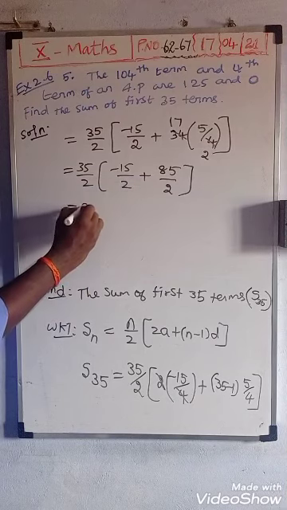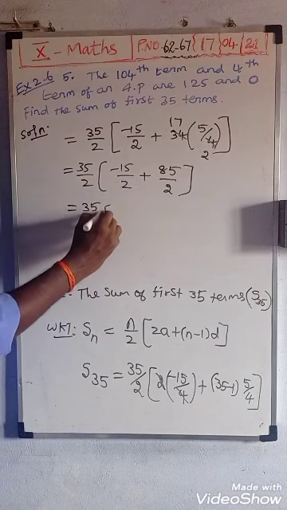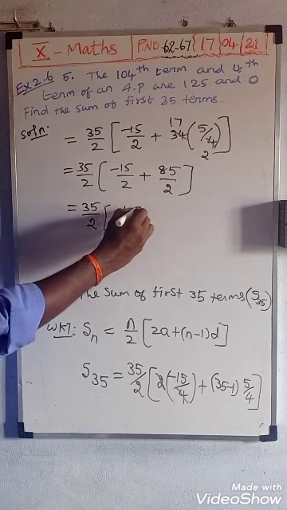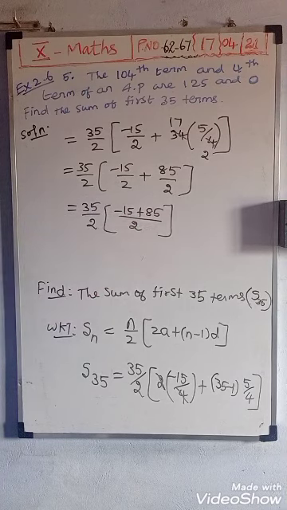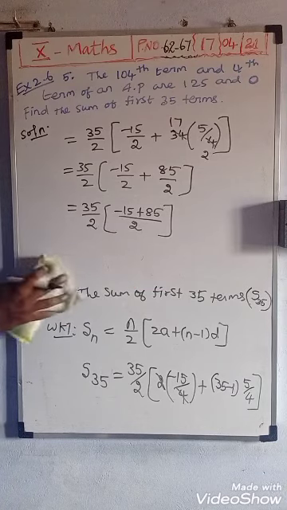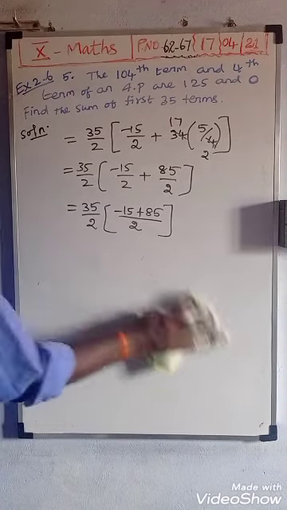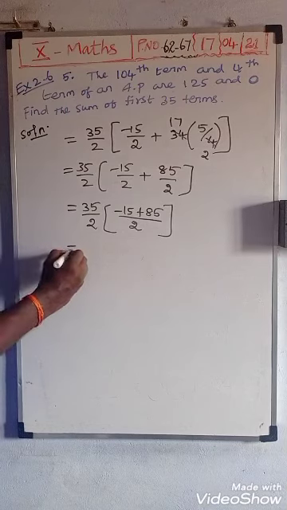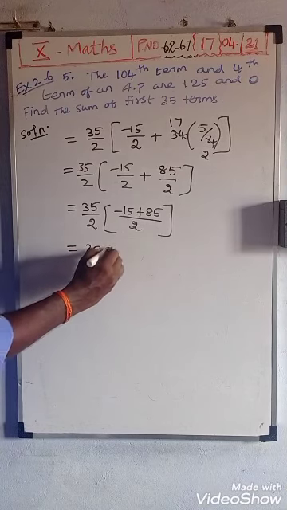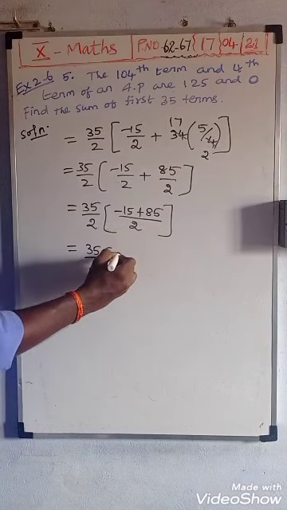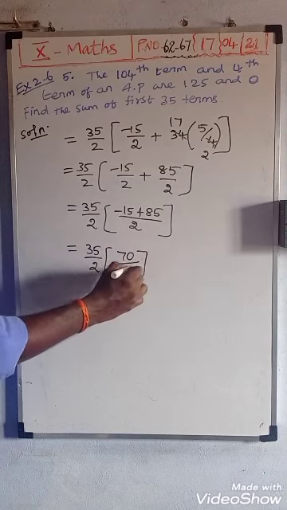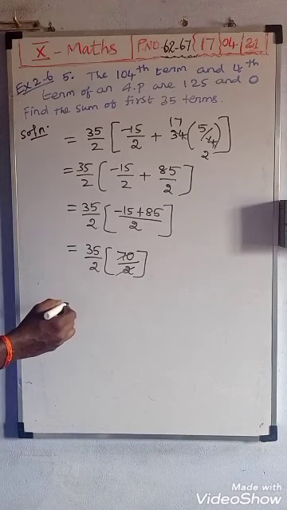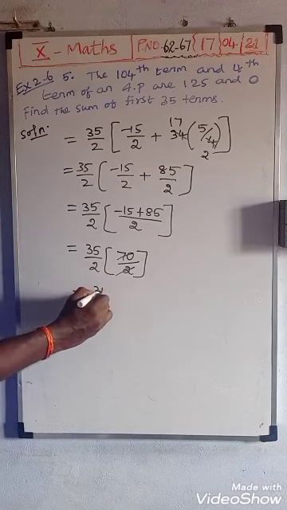Now directly minus 15 plus 85 by 2, because same denominator, the numerator we can add. 85 minus 15 we will get 70 by 2. 70 by 2 you should cancel, we will receive 35.